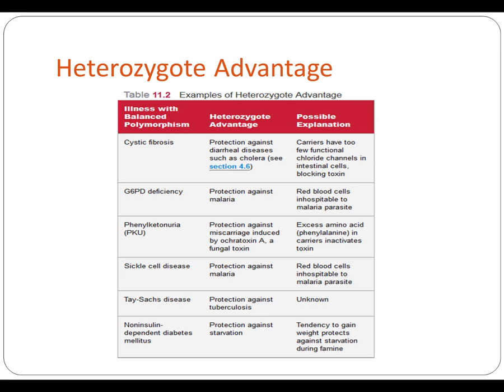G6PD, glucose-6-phosphate dehydrogenase, is the full name of the enzyme, but lacking that enzyme can actually protect against malaria. PKU is tested at early pregnancy, one of those little tests they do for little babies.